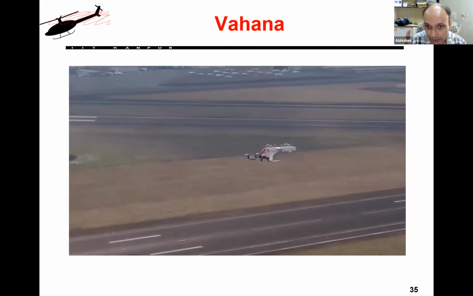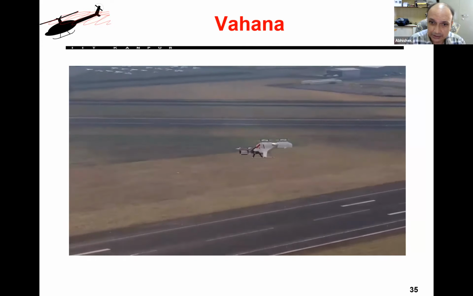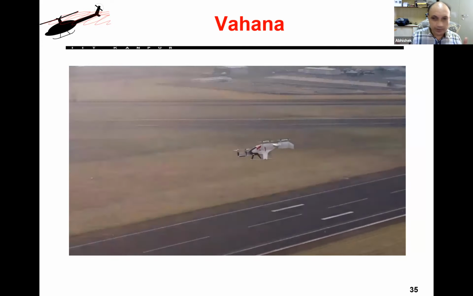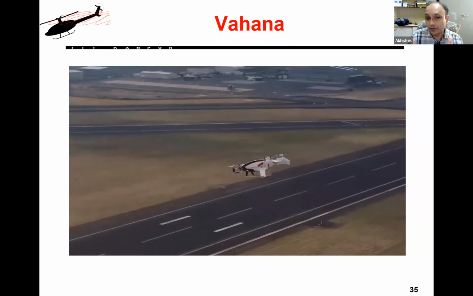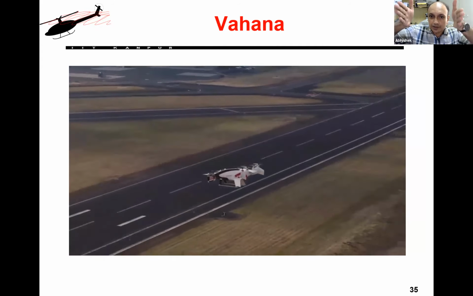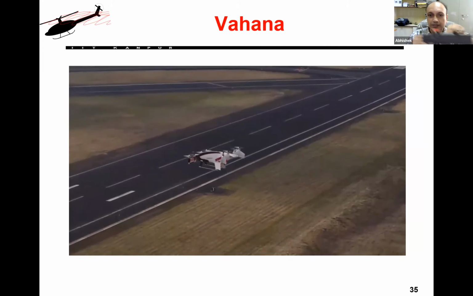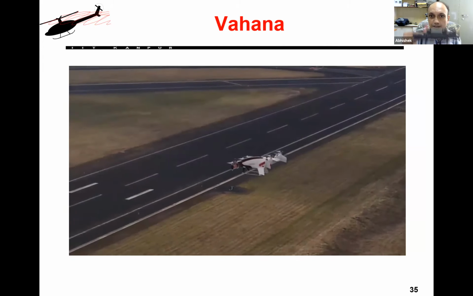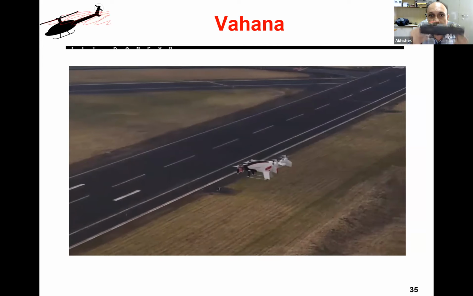Another important thing you have to see is that the biggest concern when people started developing these tilt wing designs was this. When my vehicle is like this, so imagine your wing is like this. You can see my small model biplane.